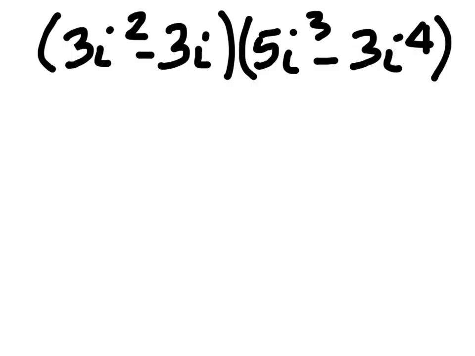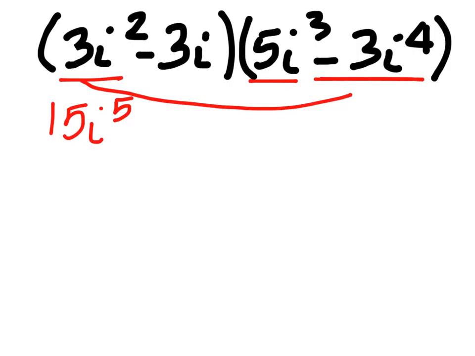Okay, so we're going to start here. 3i squared times 5i to the third. What does that give me? 15i to the fifth. And then 3i squared times minus 3i to the fourth. What is that? Not negative 6.